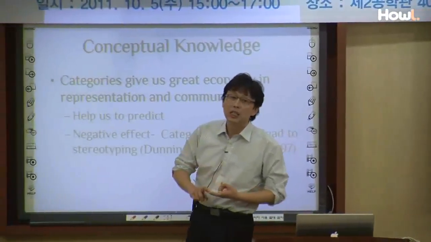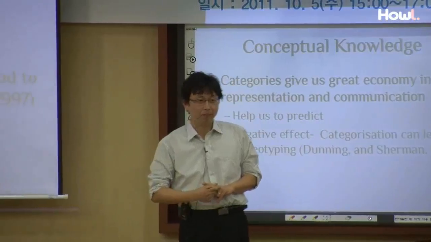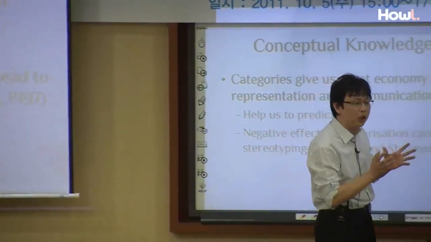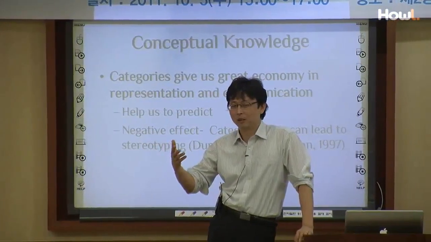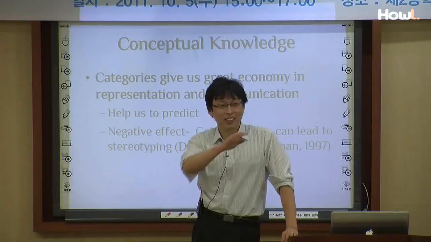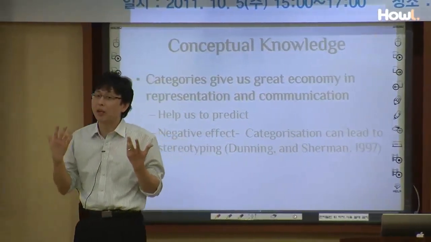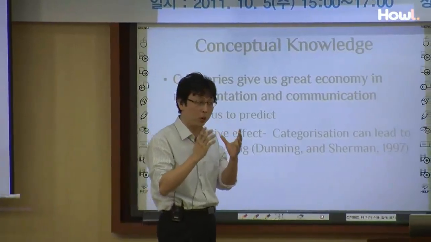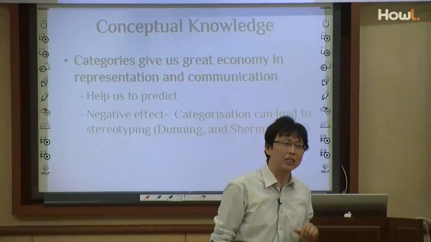One is semantic network, and the other one is schema. There are many other models or tools to represent knowledge in the brain, but the most important two topics you have to remember are semantic network and schema.